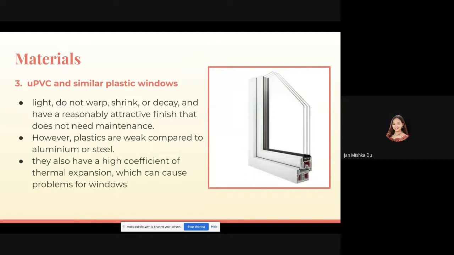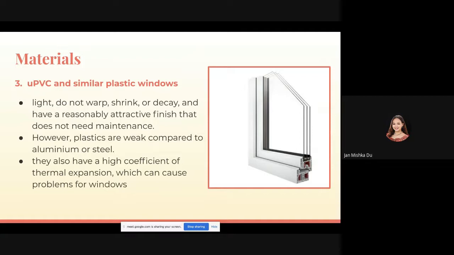For UPVC or similar plastic windows, it is light and it does not warp, shrink, or decay, and it has a reasonably attractive finish that does not need maintenance. So this is the type of windows that are usually seen in residential houses.